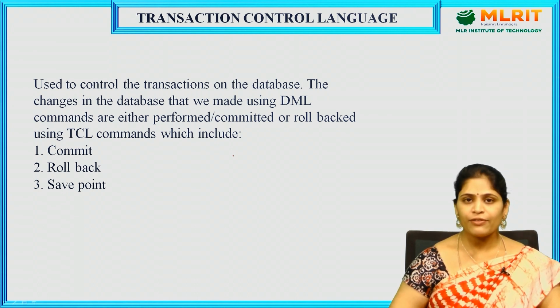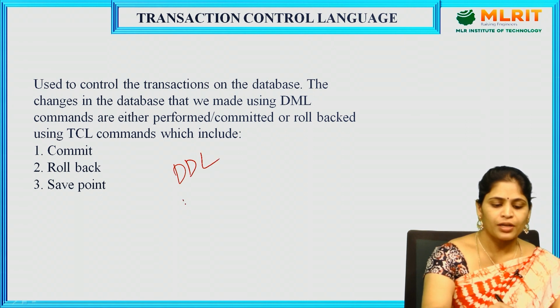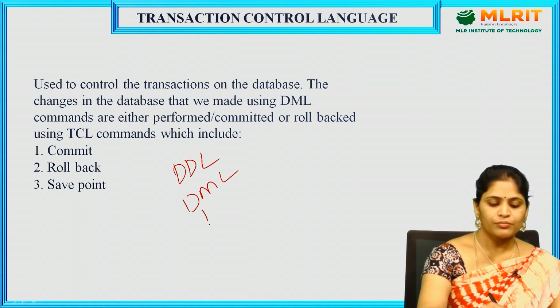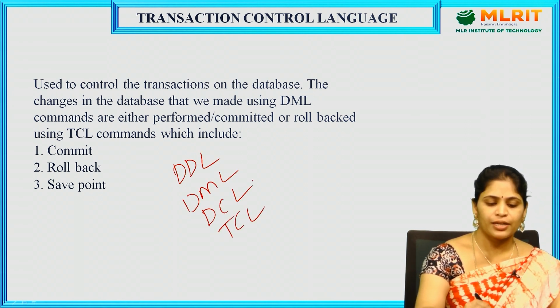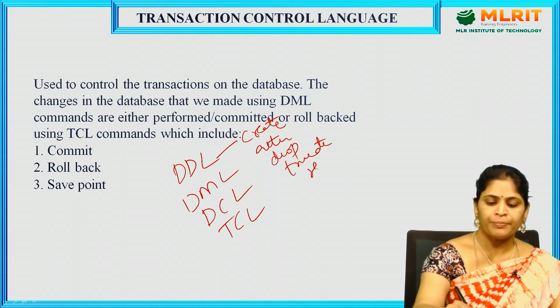So till now we have discussed 4 types of languages: DDL, DML, DCL and TCL. In DDL, we have 5 commands: create, alter, drop, truncate and rename.